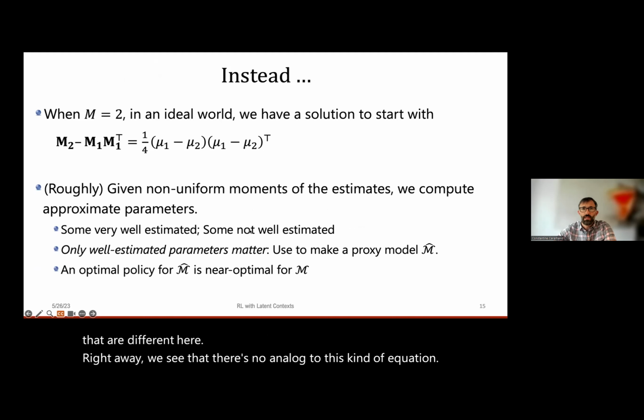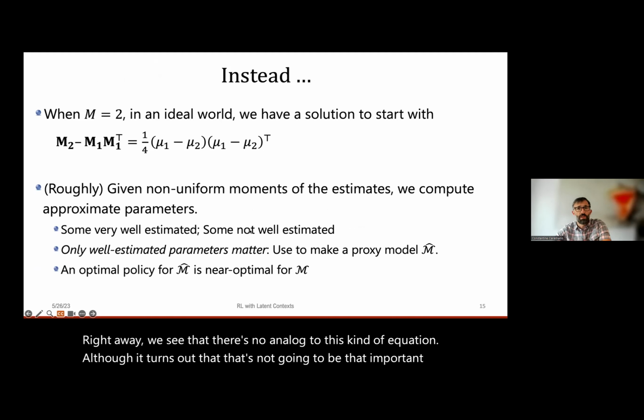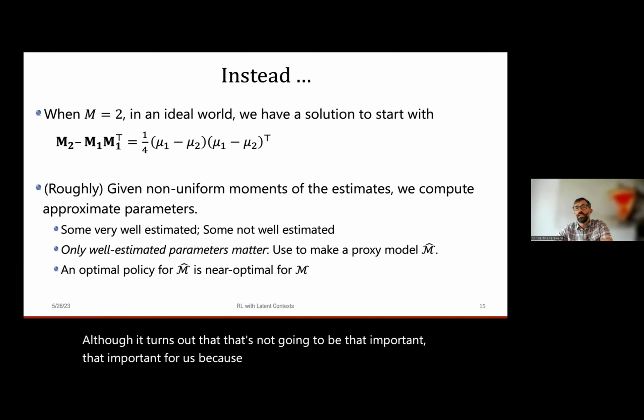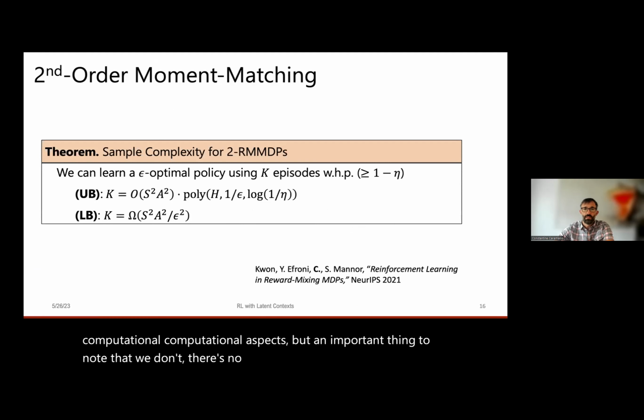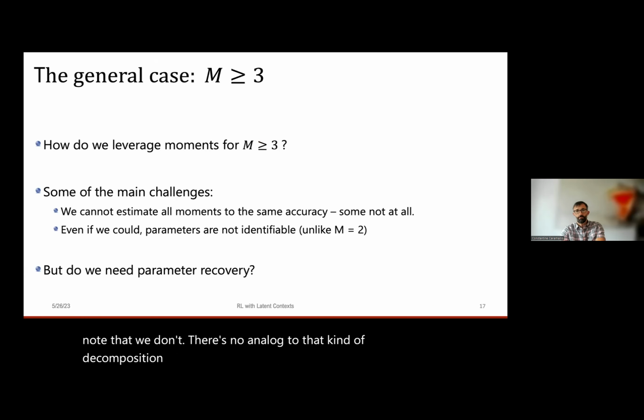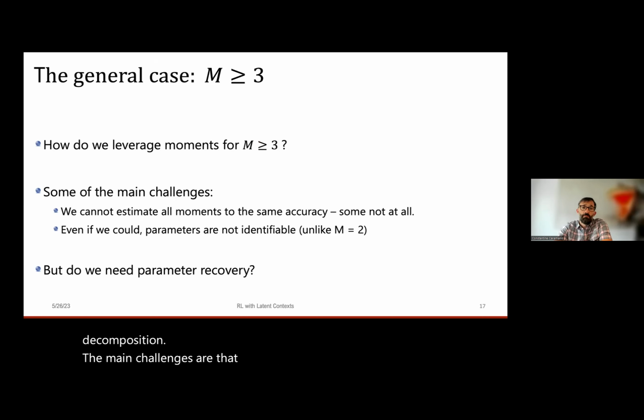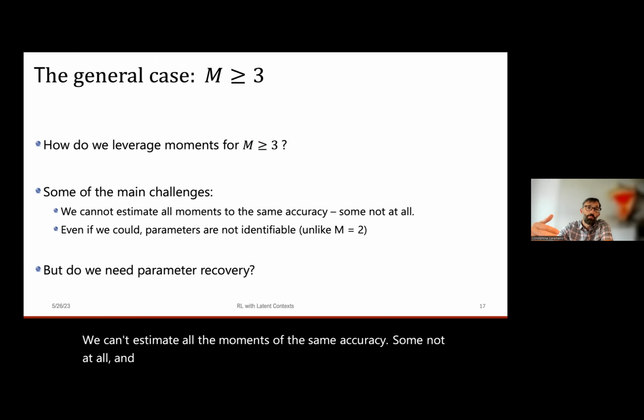Although it turns out that that's not going to be that important for us because we're not interested in the computational aspects. But an important thing to note is that there's no analog to that kind of decomposition. The main challenges are that we can't estimate all the moments to the same accuracy, some not at all. And this becomes more pronounced for higher order moments.